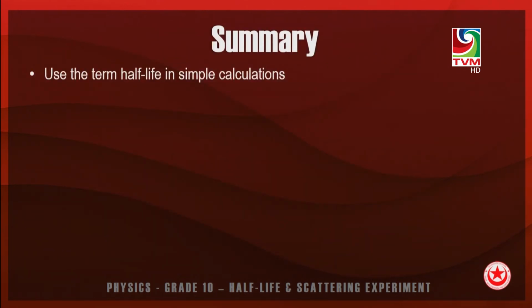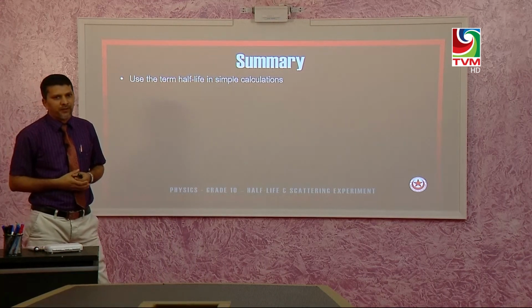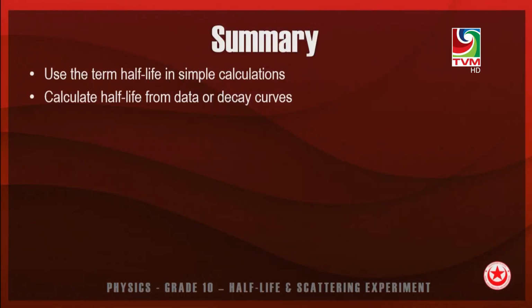We studied a lot of things today relating to half-life, calculation, and the alpha scattering experiment. Let's check what they are. Use the term half-life in simple calculations. We studied the term half-life, the definition of half-life, and also calculations, and how the half-life calculation can be done from the decay curve.